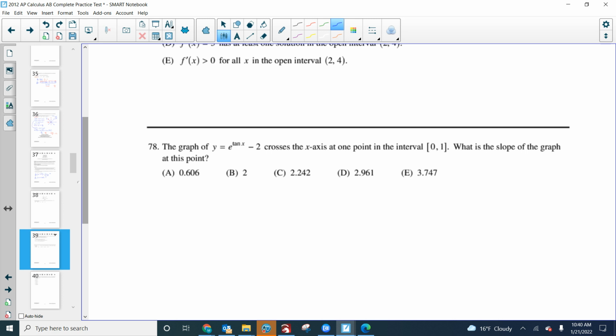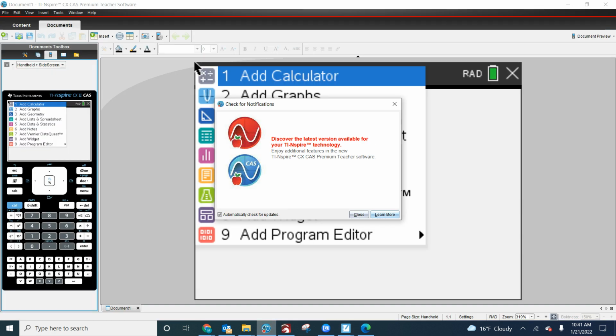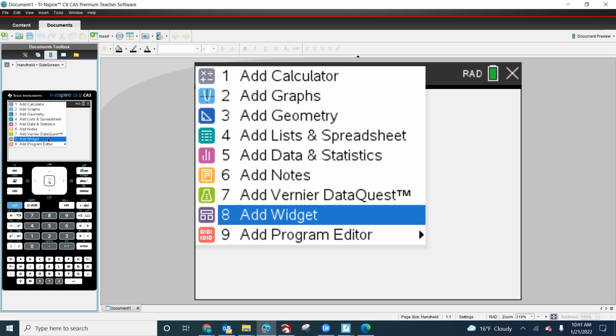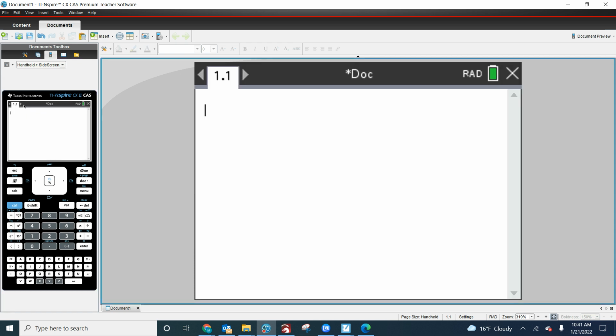All right. e to the tangent of x minus 2 equals 0. Oh, calculator allowed. I almost blanked out and forgot. Calculator allowed. Okay. I'm probably going to regret doing this in the calculator window.